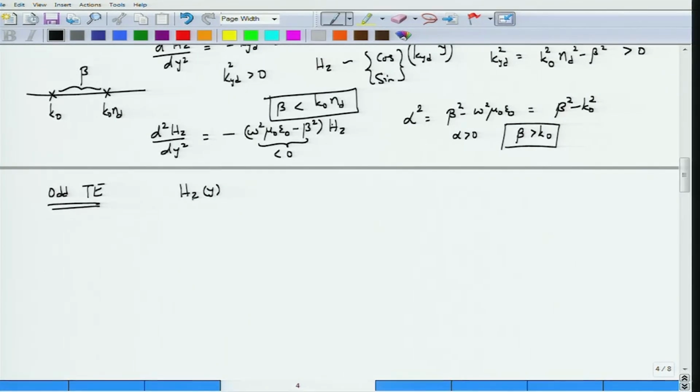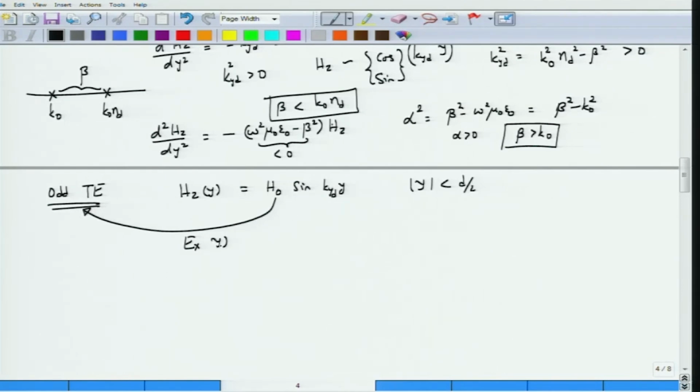So for the odd TE case, Hz of y is equal to b sin kyd y. Rather than calling this b, let us simply call this H0, that 0 nicely indicating that this is an odd TE mode that we are considering. So you have H0 sin kyd y. This solution is valid for mod y less than d by 2, that is inside the film. We can also find out the x and y components for this particular mode.